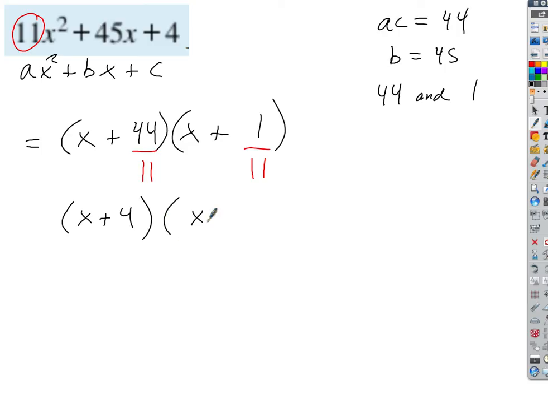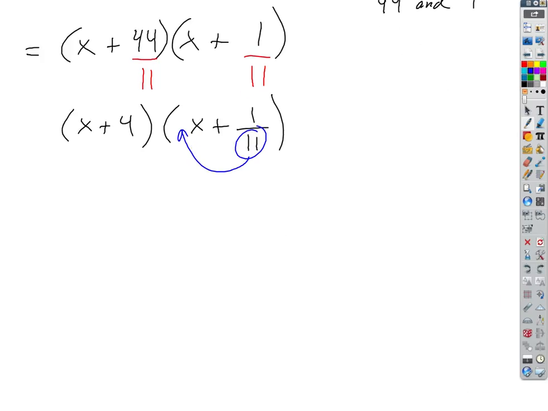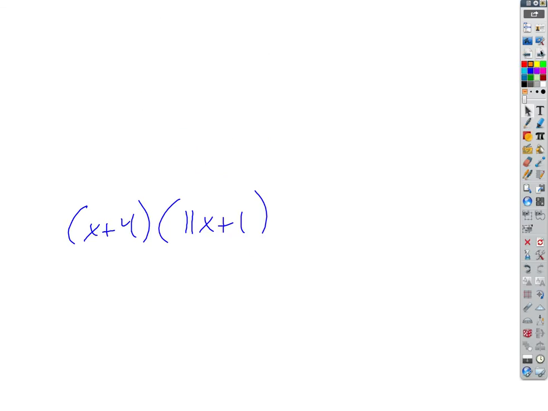So we end up with x plus 1 over 11. Because I was stuck with a fraction that didn't simplify, I go bottoms up. So whatever's in the bottom of the fraction goes up in front of the x, and our answer just looks like x plus 4 times 11x plus 1, right? Make sense? Okay. All right, so there's our review, right?